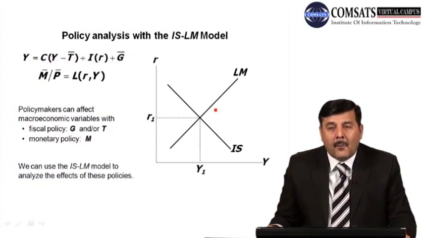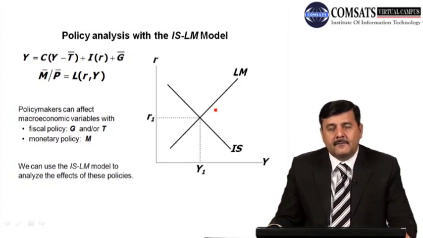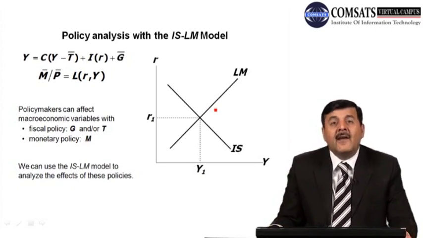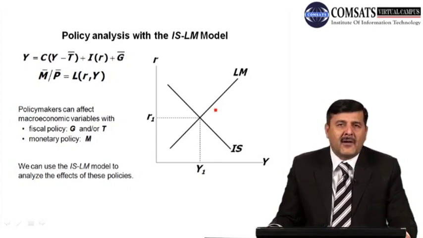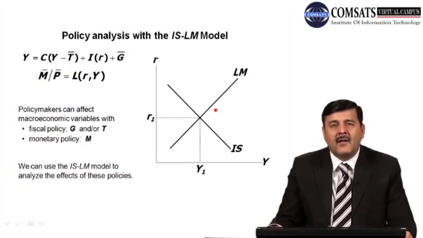Now, policymakers can affect macroeconomic variables with fiscal policy. The tools of fiscal policy are government purchases and taxes. The second tool of the policymaker is monetary policy, and the instrument of monetary policy is the money supply.